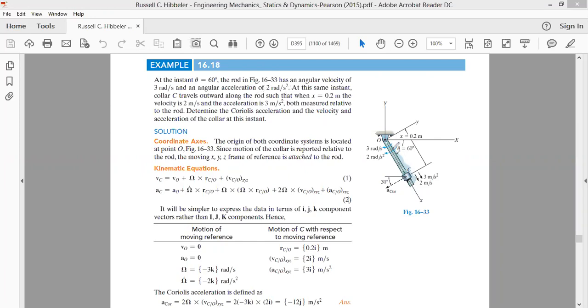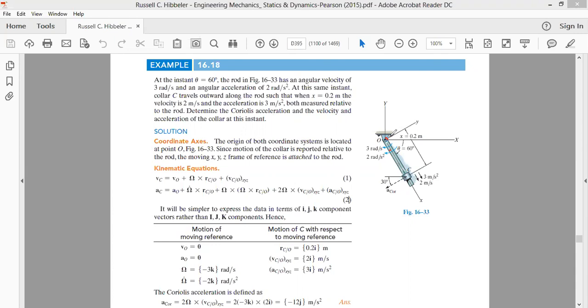And the author is silent about with respect to which, so it simply means that it is with respect to the ground. So we are given angular velocity of the rod with respect to the ground, angular acceleration of the rod with respect to the ground. And we are given the velocity of the collar with respect to the rod, acceleration of the collar with respect to the rod. We have to find the velocity of the collar with respect to ground and acceleration of the collar with respect to the ground.